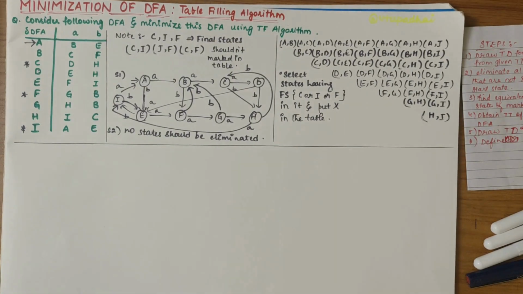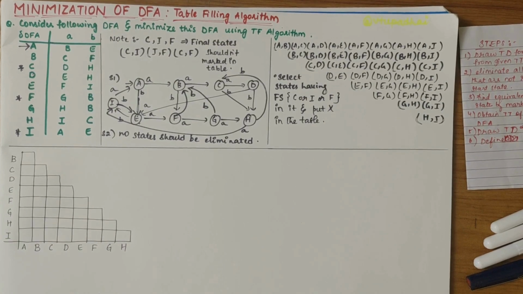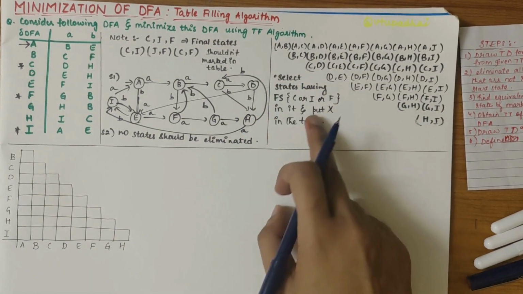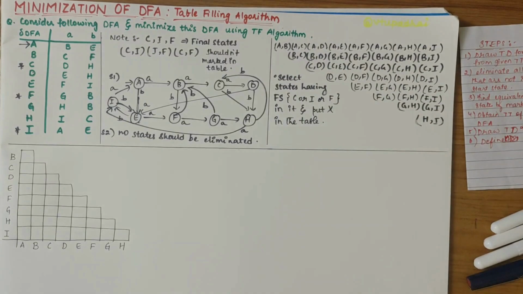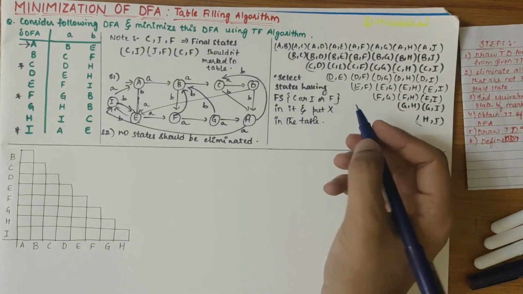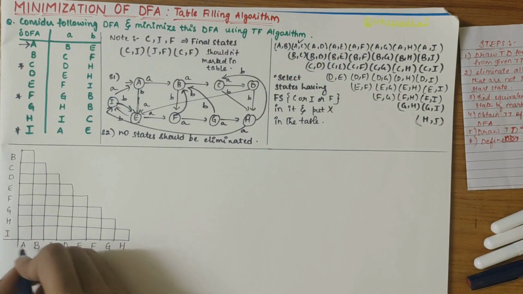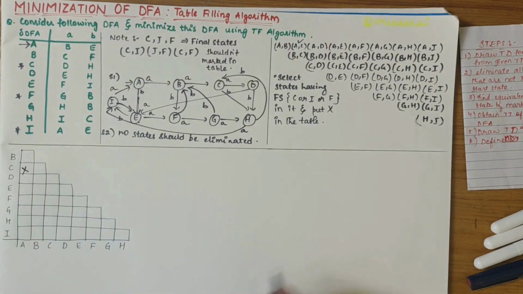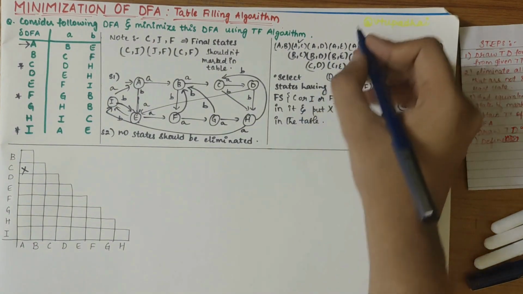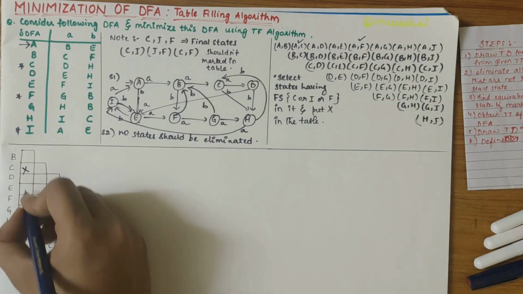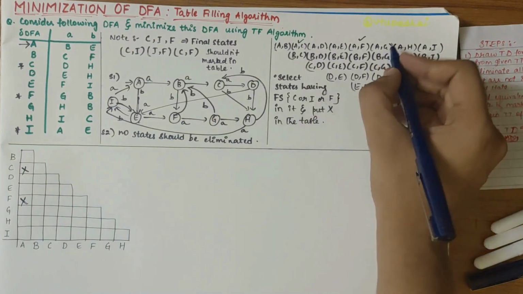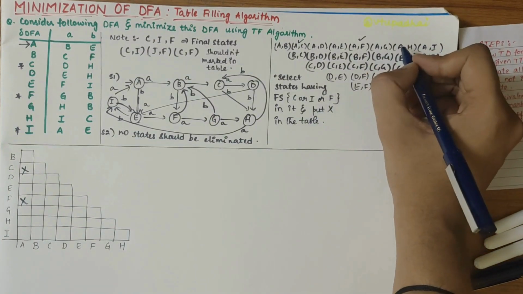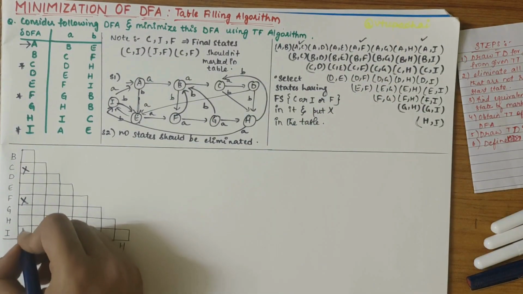So now let's construct a table here. Now that I've constructed the table, let's mark whichever pairs are having C, I or F in it. So first AC, so AC or CA both are the same. Then we have AC is done. Then we have AF, so AF needs to be marked. Then we have AI should be marked.